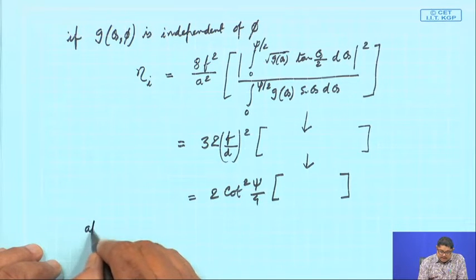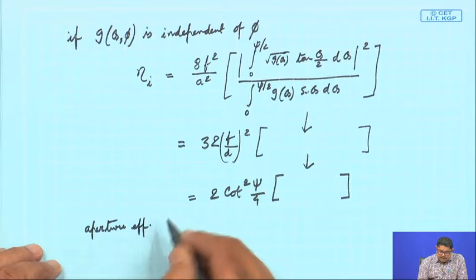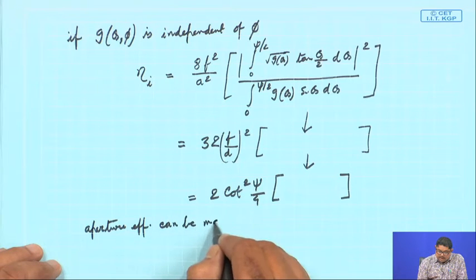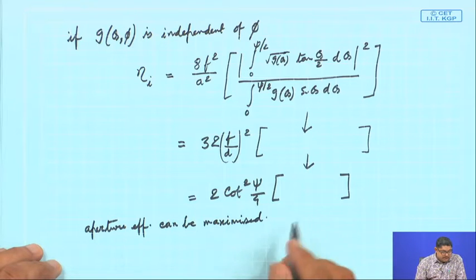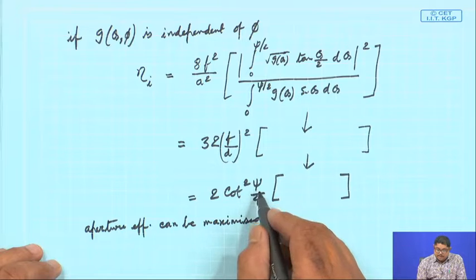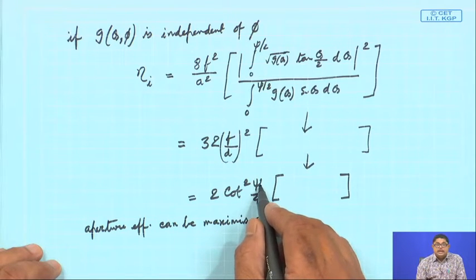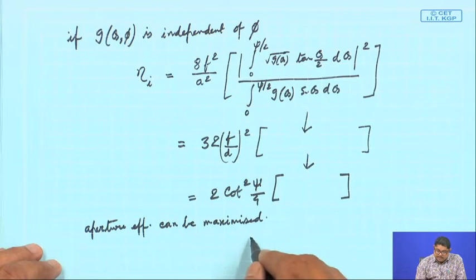Now, I can write that aperture efficiency can be maximized if we do two things. One is that we use a small angular aperture, because you see the cot function of psi. So, smaller psi will give you more aperture efficiency.